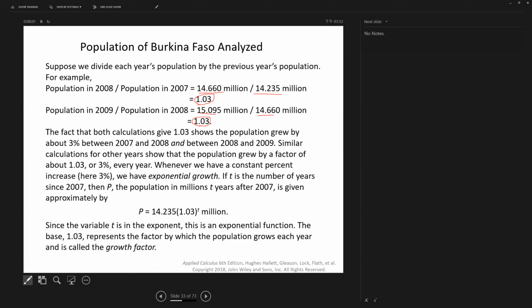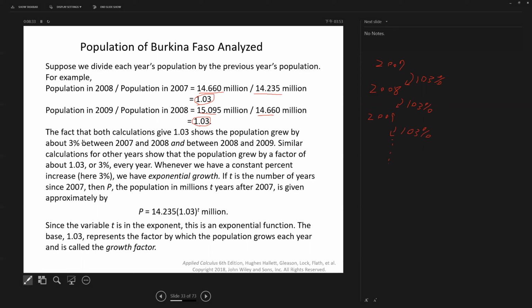So that means from 2007 to 2008, it increased by 103%, and from 2008 to 2009, it also increased by 103%, and so on and so forth. We can see that the population increase is always around 103%.